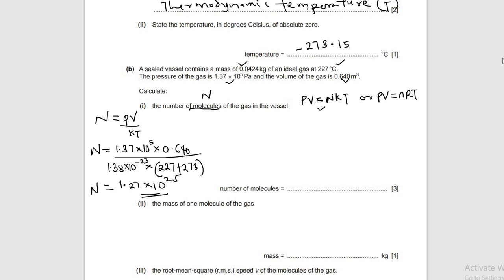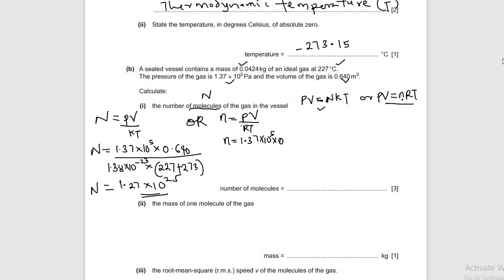Now, if I want to use the other equation, first, let me find the number of moles. Number of moles, if we make small n the subject of the formula, is PV over RT. So number of moles, what's my P? 1.37 times 10 raised to the power 5.